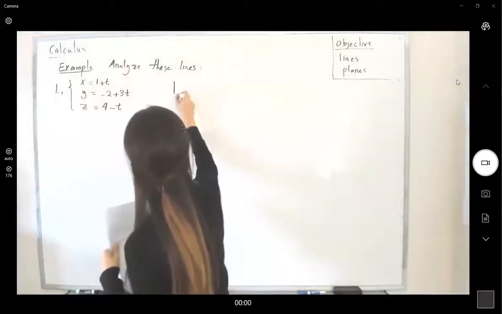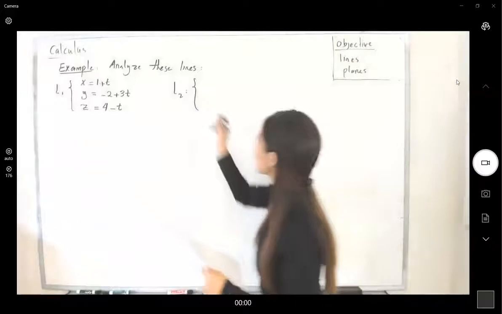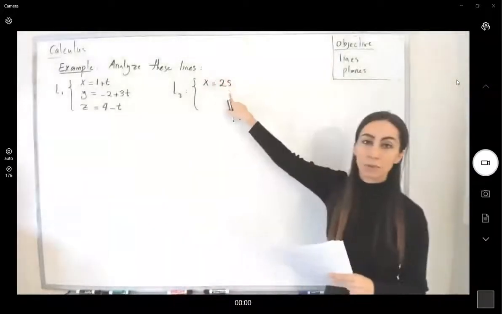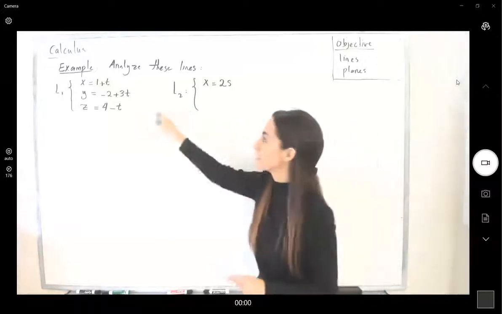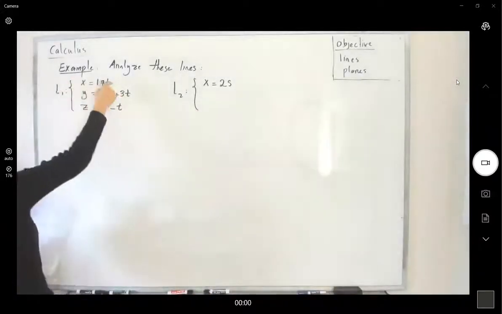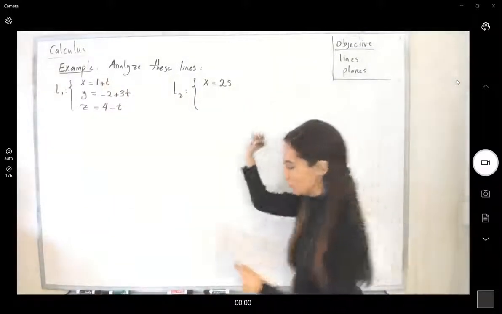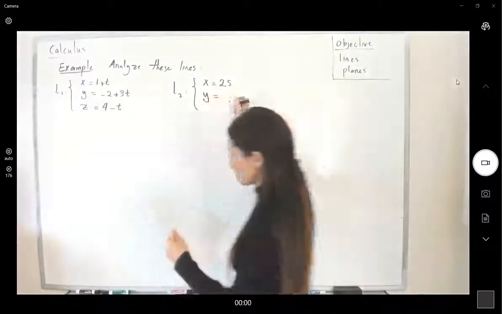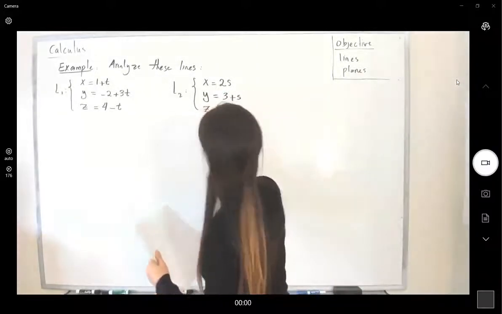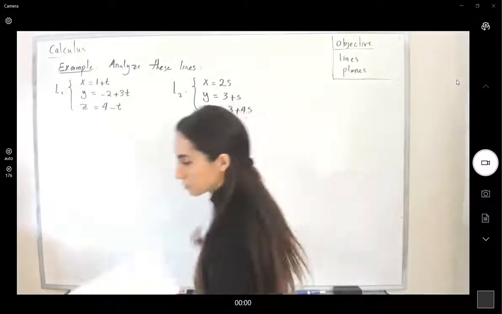Then L2, the second line in parametric form, is given to us as x equals 2s. We're using a different parameter to be able to distinguish between these two lines. The parameter for the first line is t. The parameter for the second line is s. y is equal to 3 plus s, and z is given to us as -3 plus 4s.